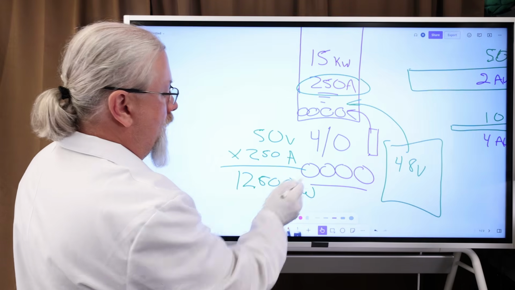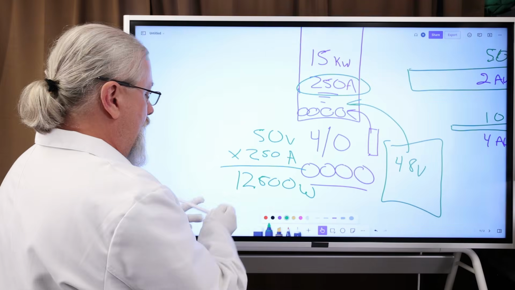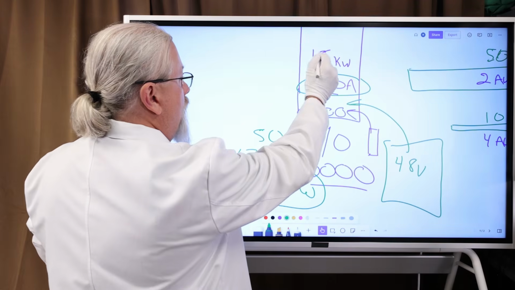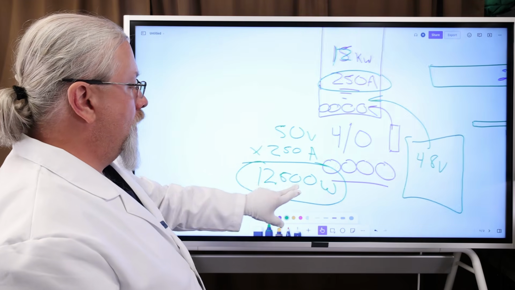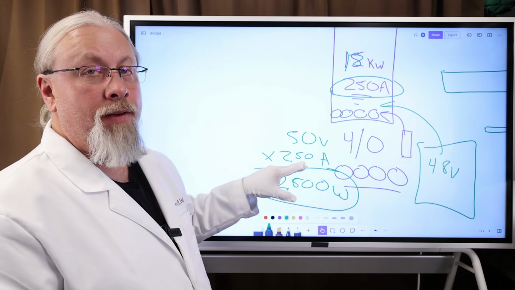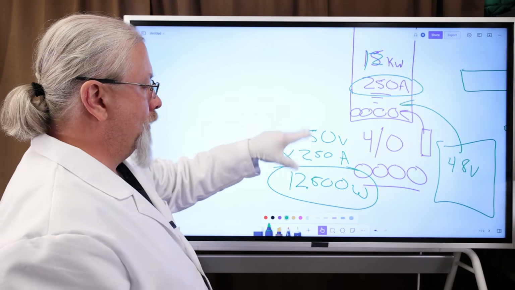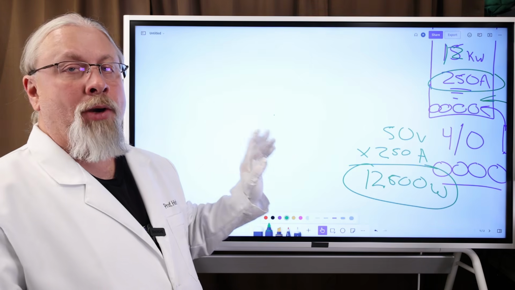That would be watts because we learned earlier you take volts times amps to get watts. So if you have a 12 kilowatt inverter, in this case I should have made that a 12 instead of a 15, you would have to get 250 amp cables for it because a 48-volt battery runs nominal around 50 volts. I'm rounding off. And if you're not sure, always go up a size.